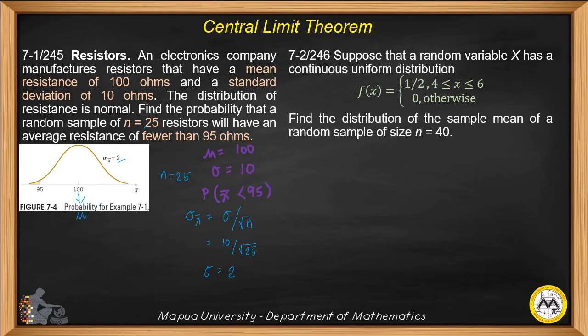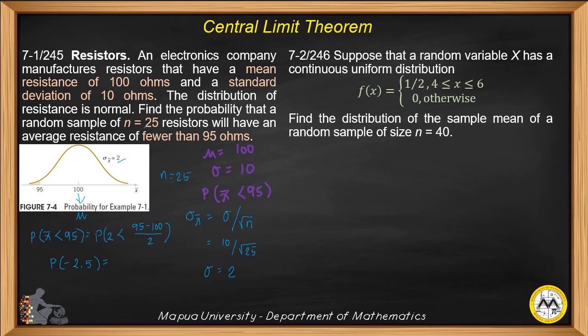Now, if we're looking for the probability that x bar is less than 95, it would be the probability that z is less than 95 minus the mean, 100, over 2. So that is 95 minus 100, which is negative 5, over 2. So that's negative 2.5.